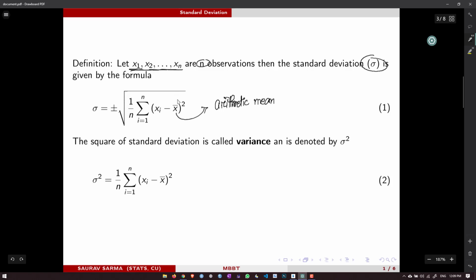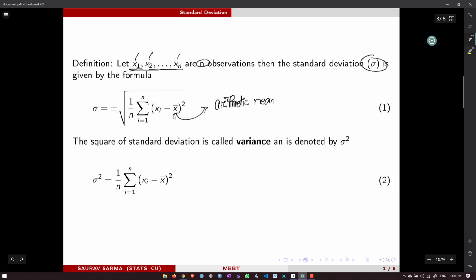So the sequence is, first you will have to find the arithmetic mean, then you will subtract the arithmetic mean from all of these values. That means you will subtract the arithmetic mean from this one, from this one, from this one. If you subtract something from a value, that is called deviation.